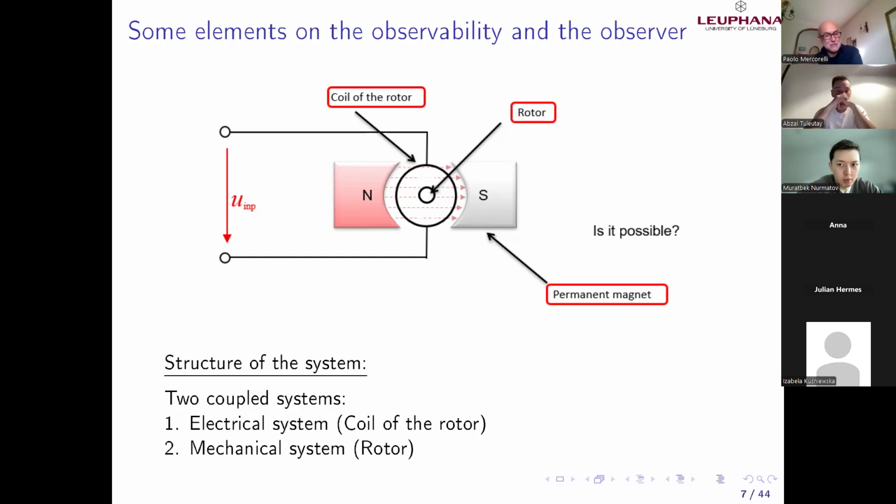This graphical representation, I sketched a DC drive. Let me come back and then we will see this again. But in order to understand the word model, this is the model, but a graphical model. Is this enough to apply the Kalman filter? No. This is just a pre-step in order to build a dynamical system for observation, for monitoring, and so on.